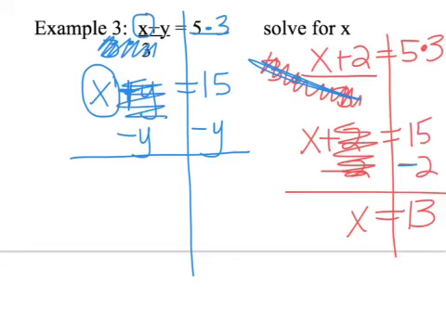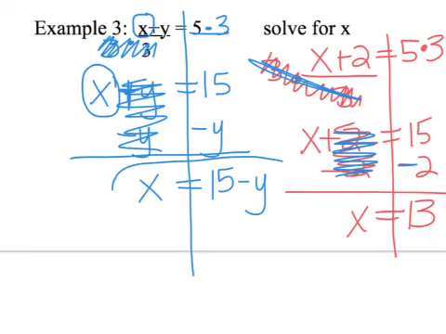Y minus y will cross out, just like 2 minus 2 crossed out. That leaves me with x equals whatever 15 minus y is. Now, I don't know what 15 minus y is, because I don't know what y is, so I'm just going to write 15 minus y. Again, all I'm doing is rearranging the variables. Okay?